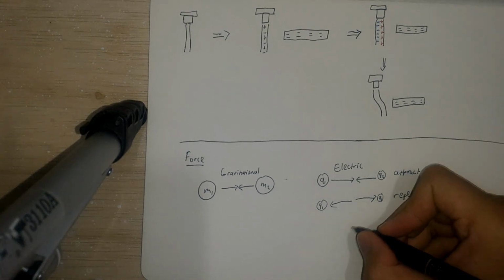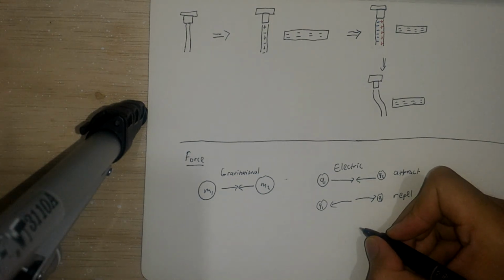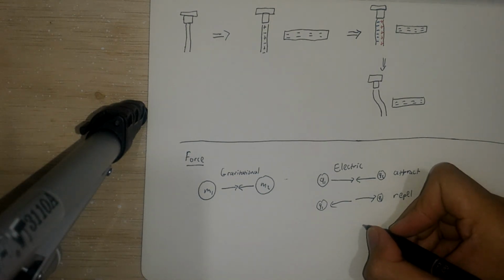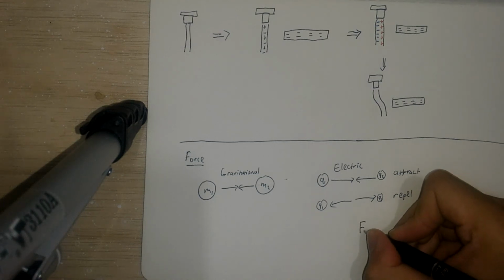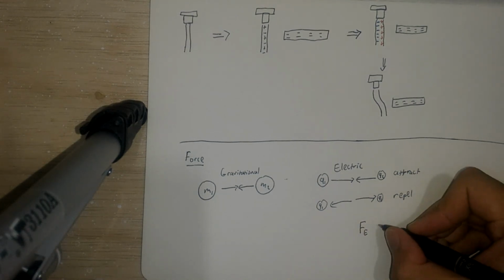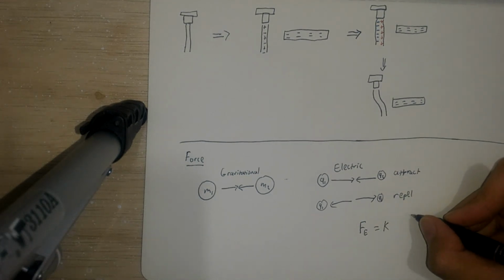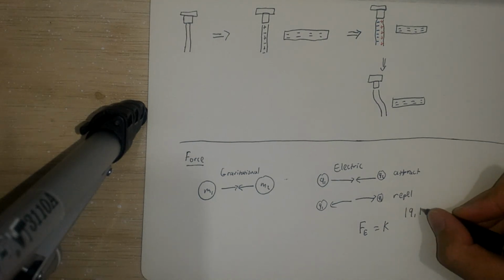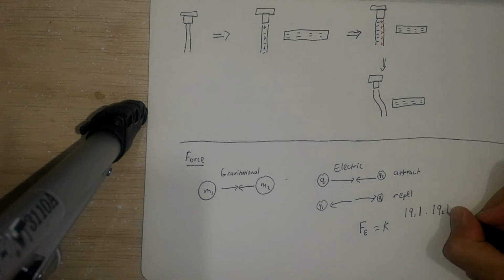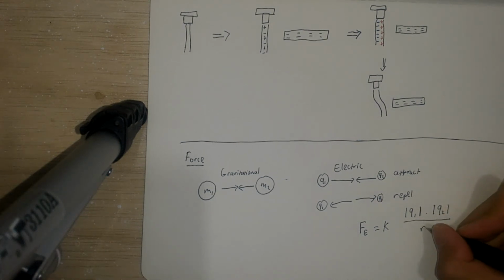Coulomb came up with a formula: electric force equals a constant, the Coulomb constant, times the magnitude of the first charge times the magnitude of the second charge over r squared.